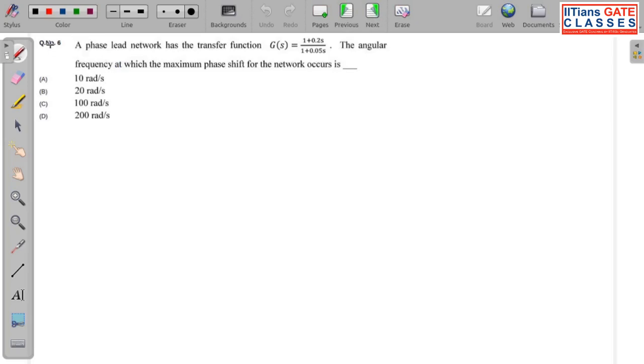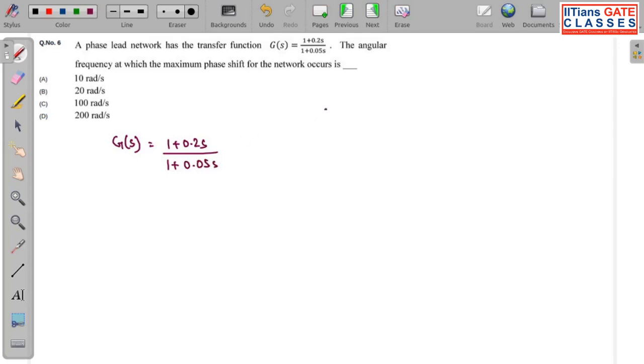So the first question that was asked is: a phase lead network has the transfer function G(s), given as follows. The angular frequency at which the maximum phase shift for the network occurs is? They have given G(s) equal to (1 plus 0.2s) divided by (1 plus 0.05s).